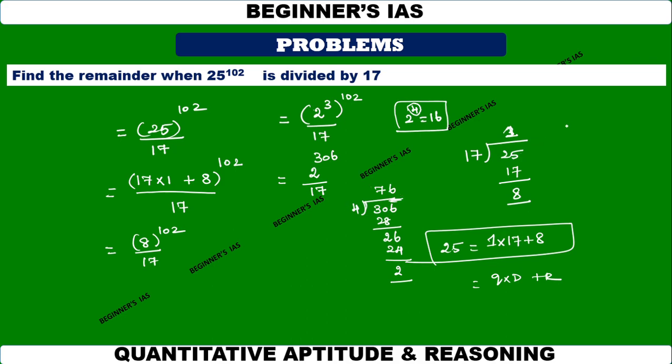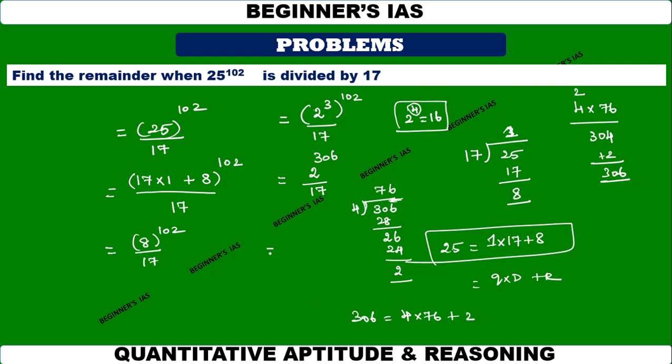Or else you can check with 4 into 76. 4 into 76 is nothing but 24, 2, 28, then plus 2, 0, then plus 2. Yes, this expression is right. 306 can be split as 4 into 76 plus 2.